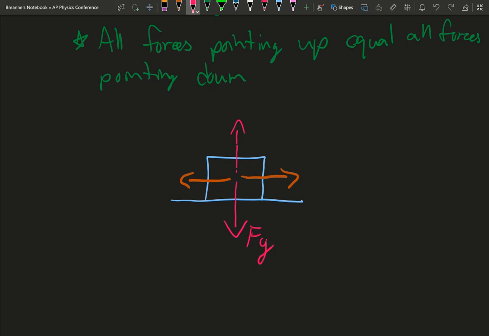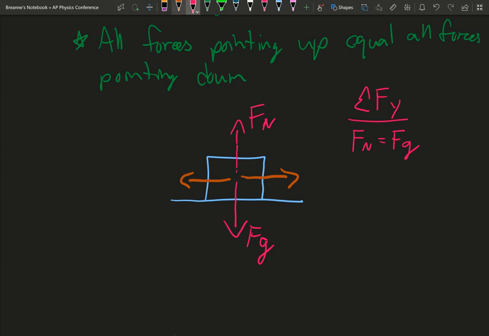Force of gravity always points down, and it equals the force of normal. In this case, since it's sitting on a table or ground or something, there's your force of normal. So the sum of the forces in the y direction: the force of normal equals your force of gravity. One's pointing up and one's pointing down.